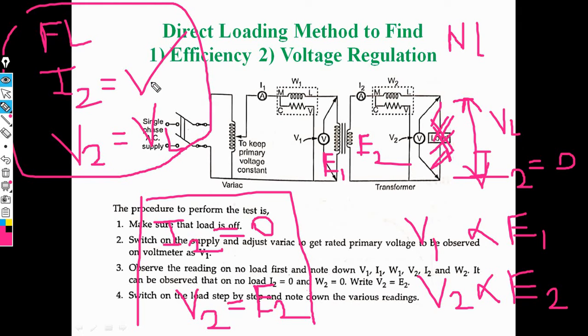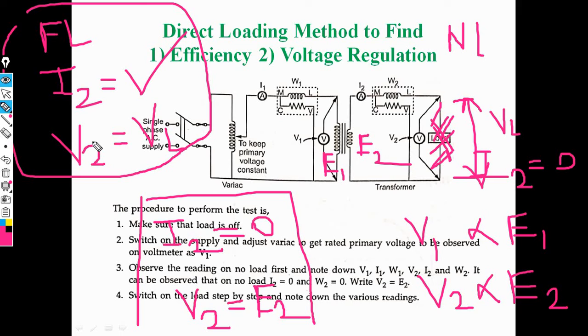Then voltage V2 always depends on the load voltage in full load condition. Now this is the difference between no load condition and full load condition.